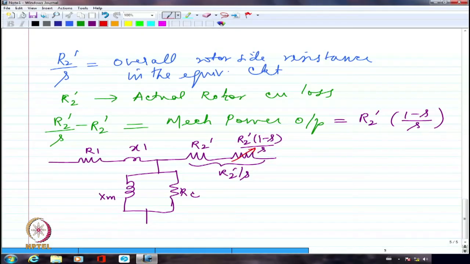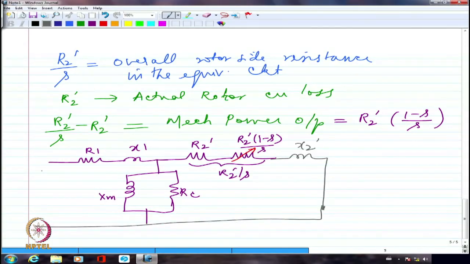So now I will have, of course, X2'. This will be X2', and then I am going to complete the circuit here. And this is V1 per phase.